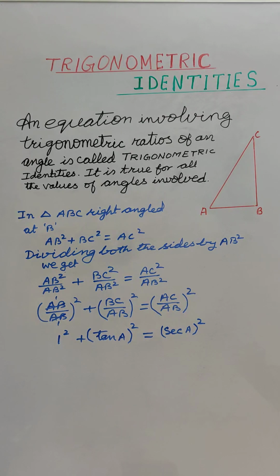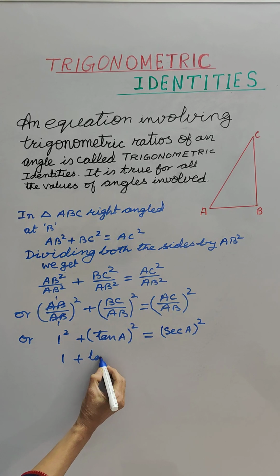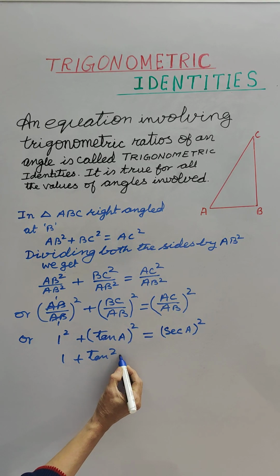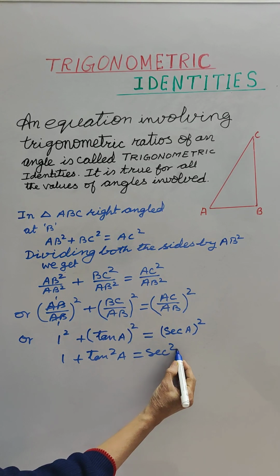So we have got 1 plus tan square theta or tan square A is equal to sec square A.